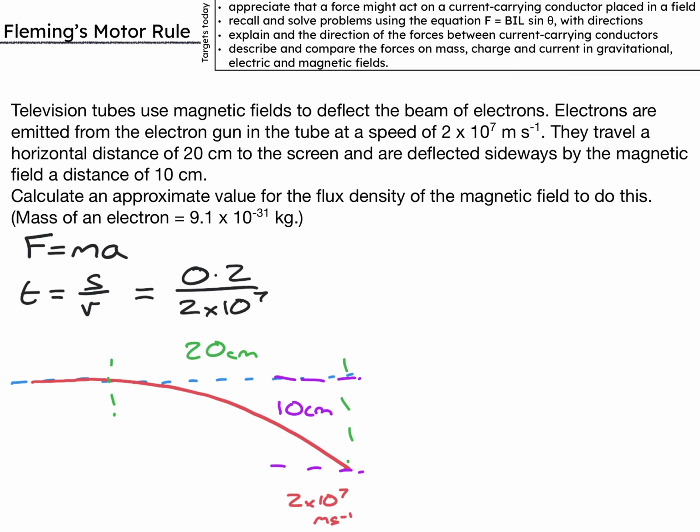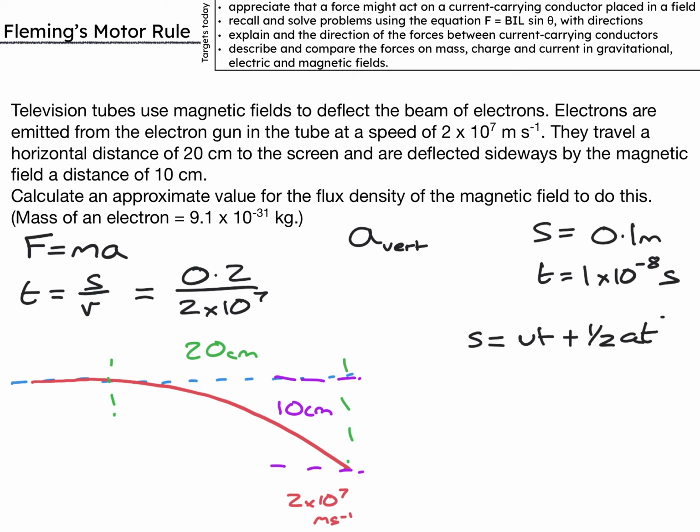B is acting downwards, so let's find the vertical acceleration. We have s as 0.1 meters and t as 1 × 10⁻⁸ seconds. So using s equals half at squared, a equals 2 × 10¹⁵ meters per second squared.